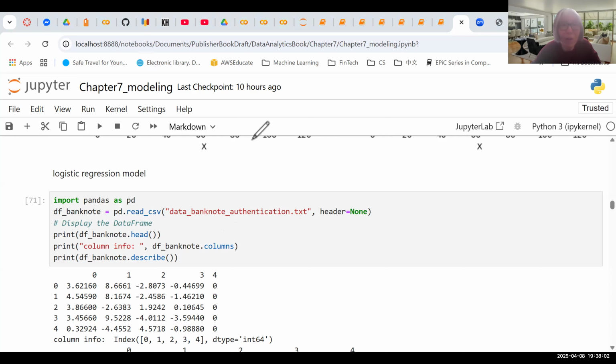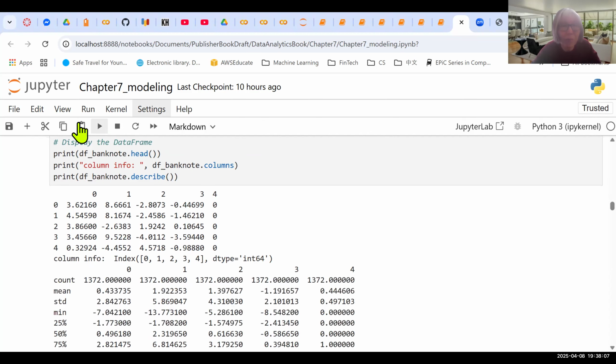Let's take a look at what the file looks like. Using pandas, we can read the file and get some header. So take a look at the first five rows. We can see the first four columns are some decimal points, and the last column is like 0 or 1.